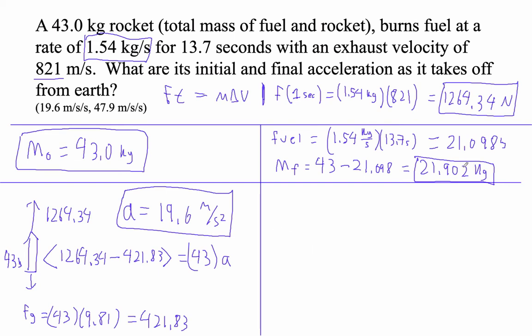Okay, so now we've got this rocket that is 21.902 kilograms, right? There's still going to be 1264.34 newtons of force upward on it, right? The downward force, we've got to figure that out.